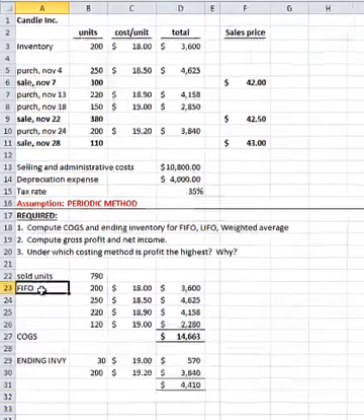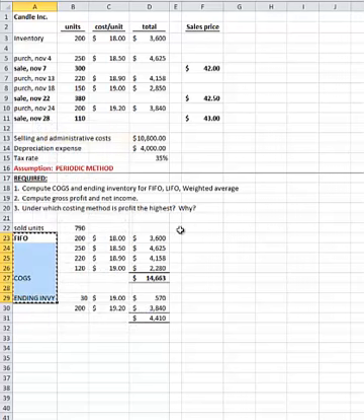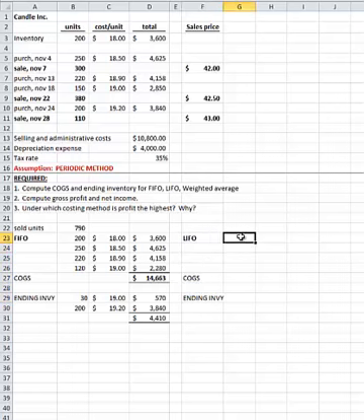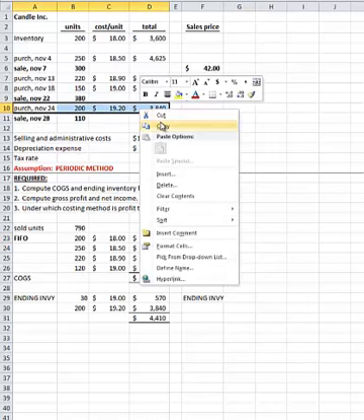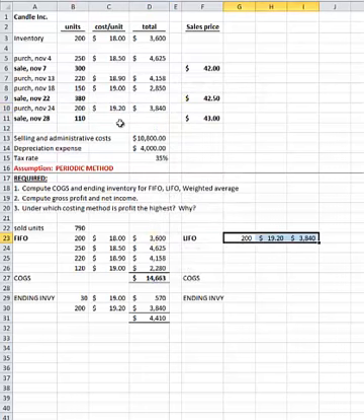Let's do LIFO. I'm still selling the same number of units. Now LIFO is going to take the last, most recent layer first. Where's the most recent layer? There it is. I'm going to sell that. That's not 790, so I need to keep going.